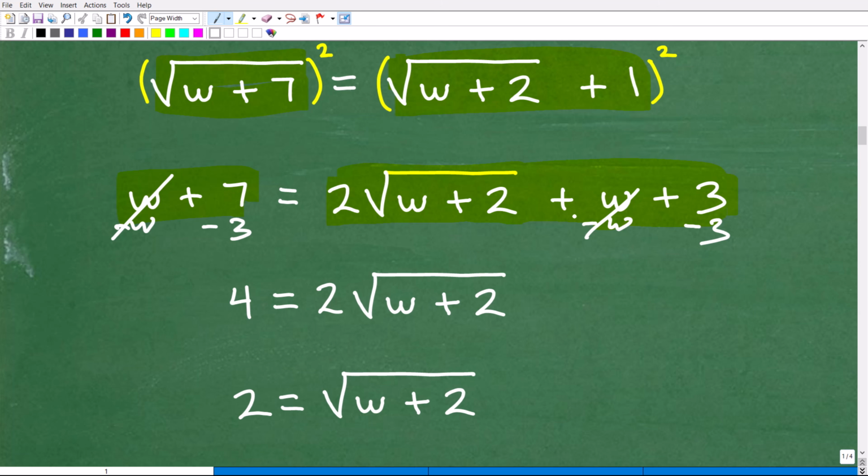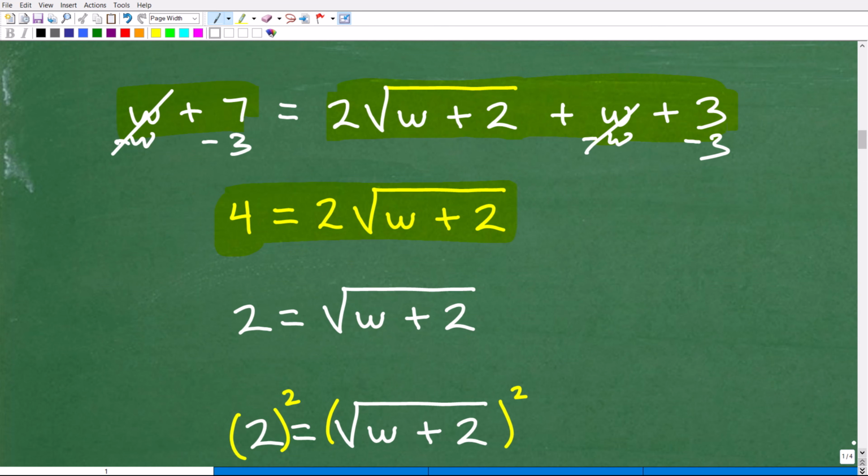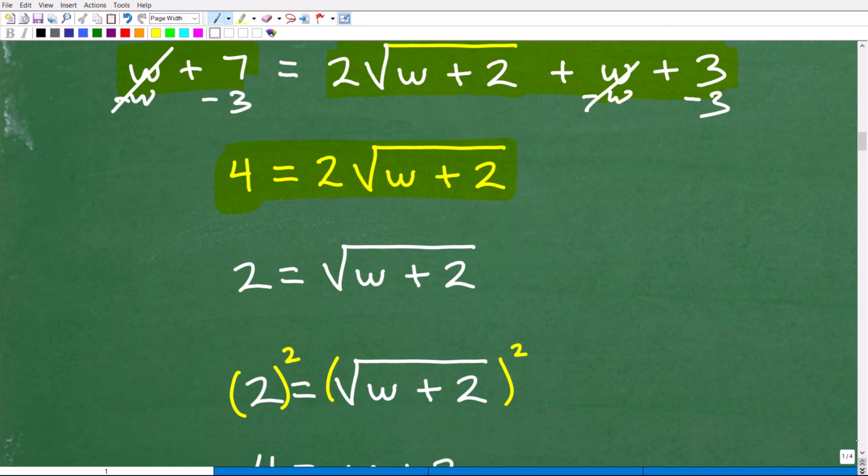Okay, so the w's go away, and I'm going to subtract 3 from this side of the equation because this is my radical, and I end up with one number on this side, 4, okay, is equal to 2 times the square root of w plus 2. So this is getting really close to getting to the solution, but we want to get that radical isolated.